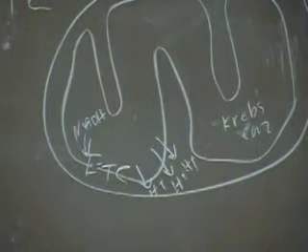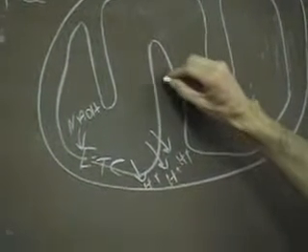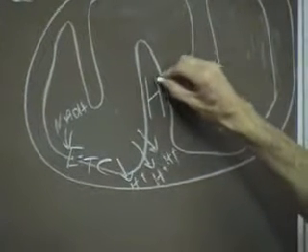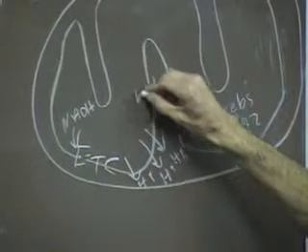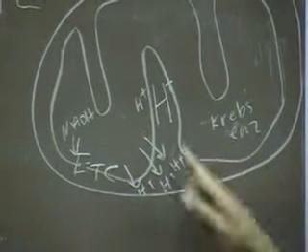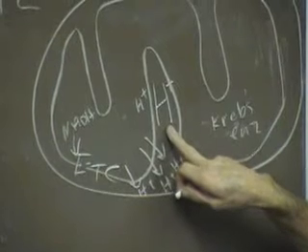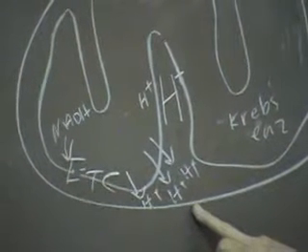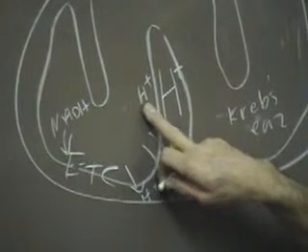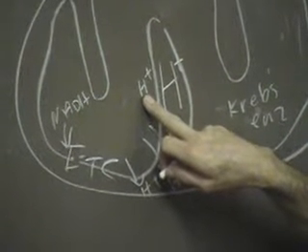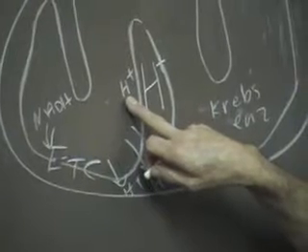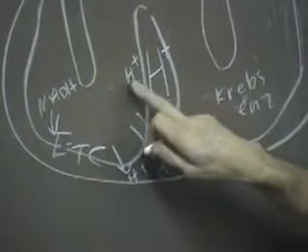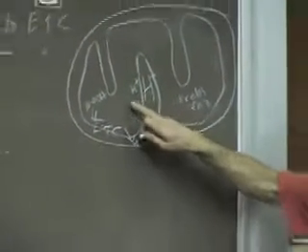Protons. Such that, picture this. I'm going to draw a really large H plus in the space between the inner and outer membrane, and a relatively small H plus in the matrix area. Are you with me? What do these differences in size represent?